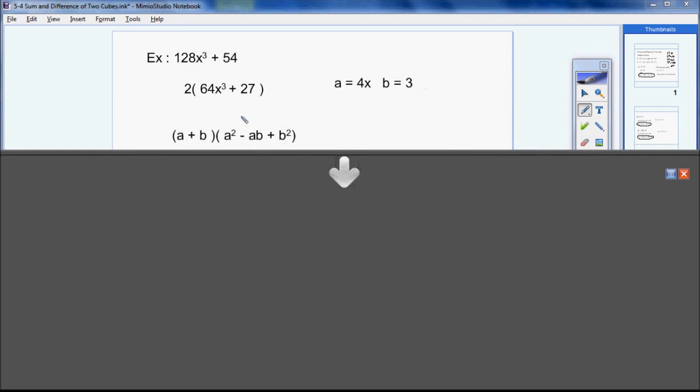Here's our sum of two cubes formula. So you're going to replace all the A's with 4x's and all the B's with 3's.